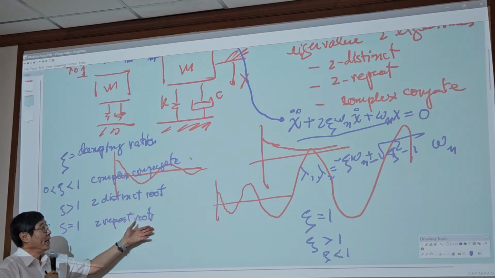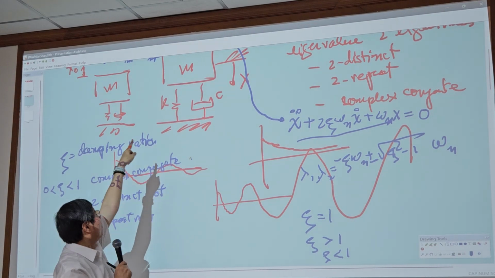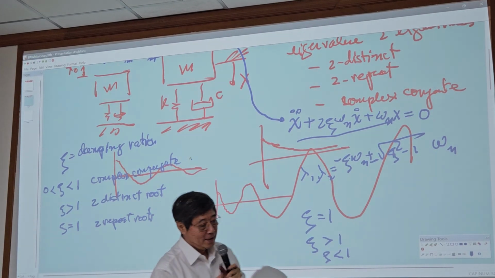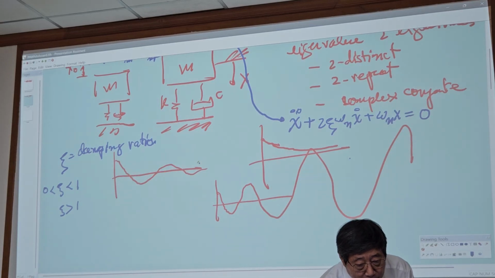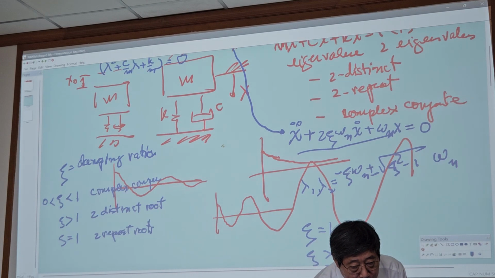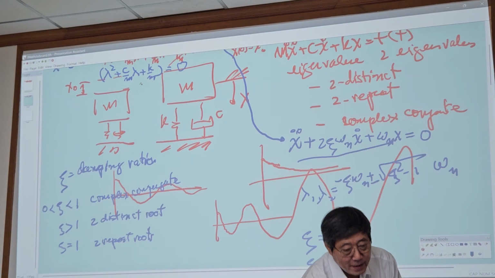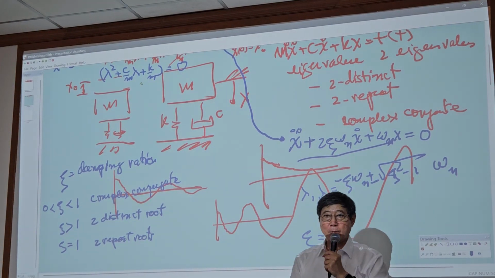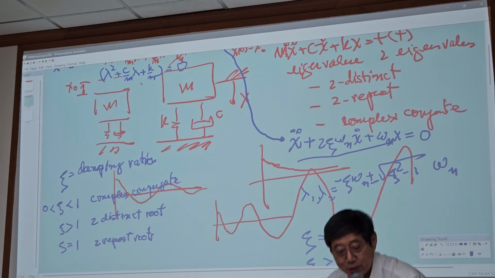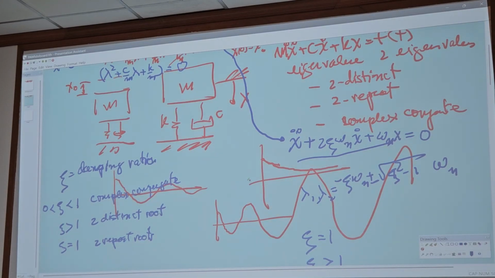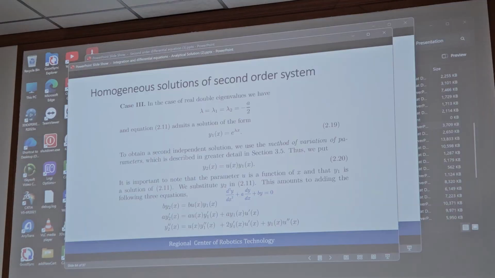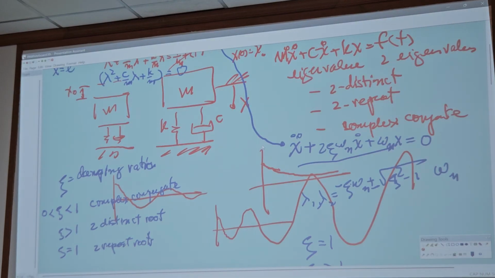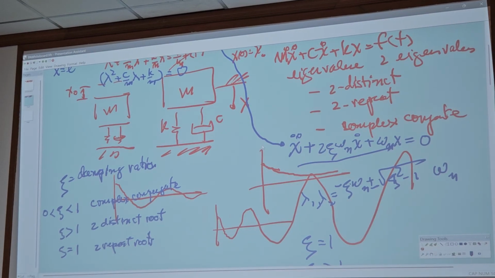So if you have the equation over there, and you can find zeta, you have M, C, K. Previously we just gave you this.